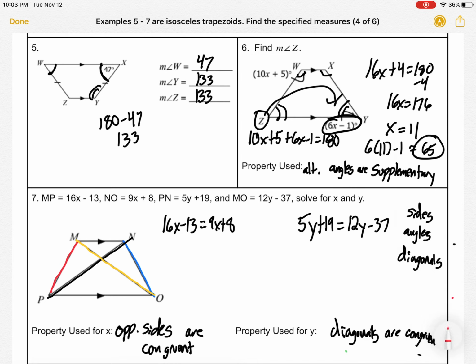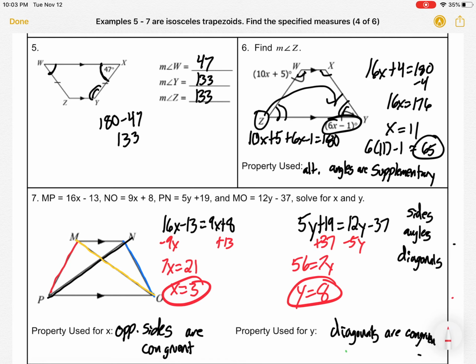Okay, let's solve the x's now. So minus 9 plus 13, 7x equals 21, x equals 3. To the y's, minus 5y plus 37, so 56 equals 7y, so y equals 8.